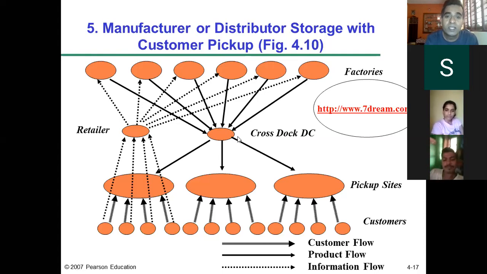In fact, the goods are transferred to another truck, the outbound truck, which is leaving for the stores. So the goods are not stored in the warehouse, and it saves the cost of storage of the finished goods. That is what we call cross docking.